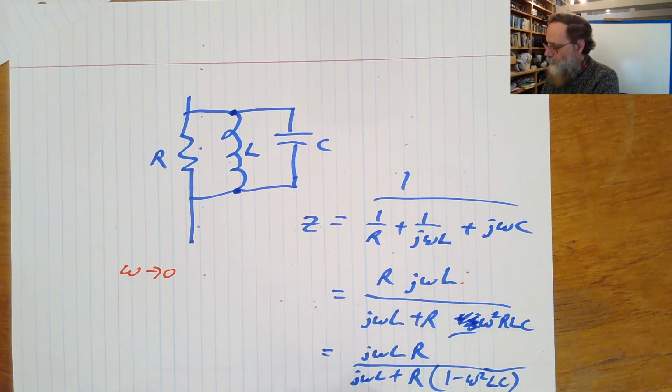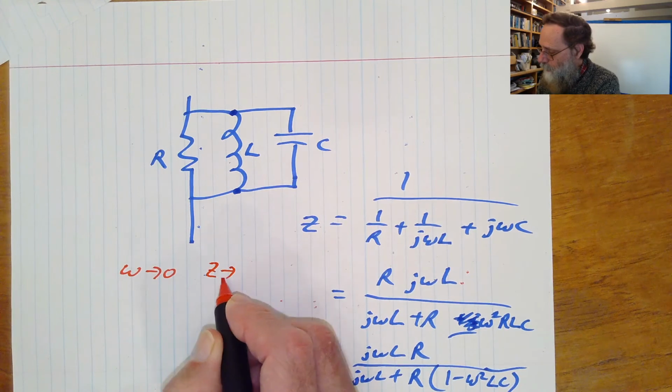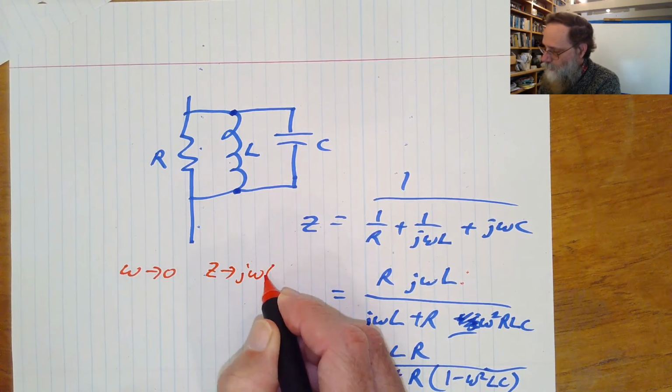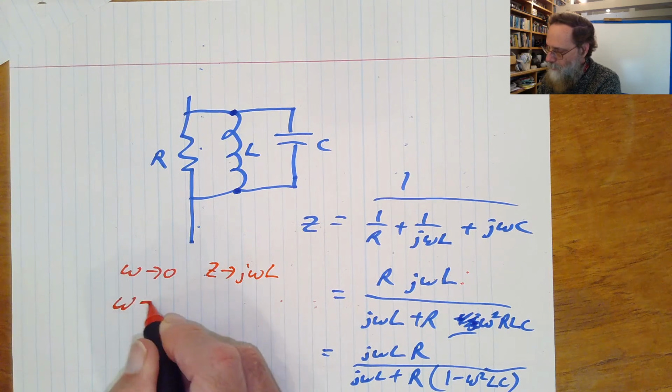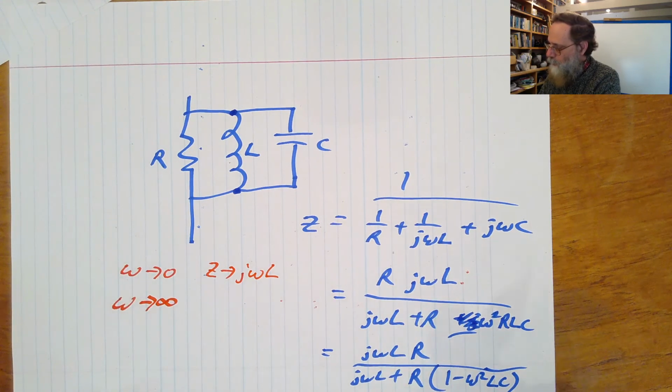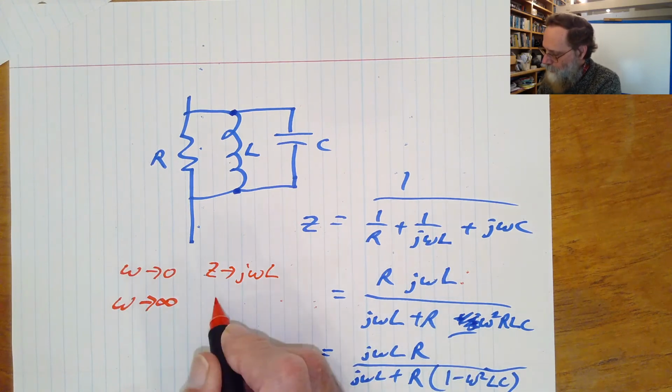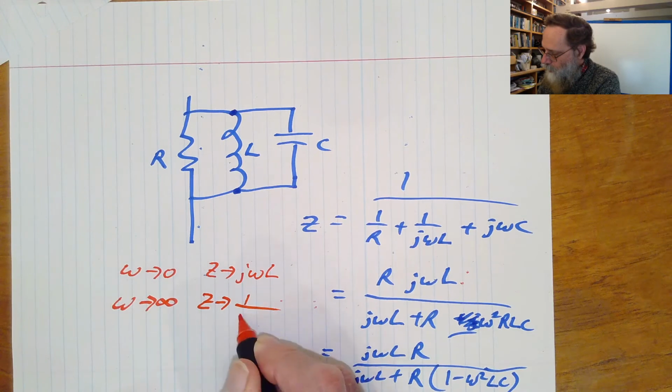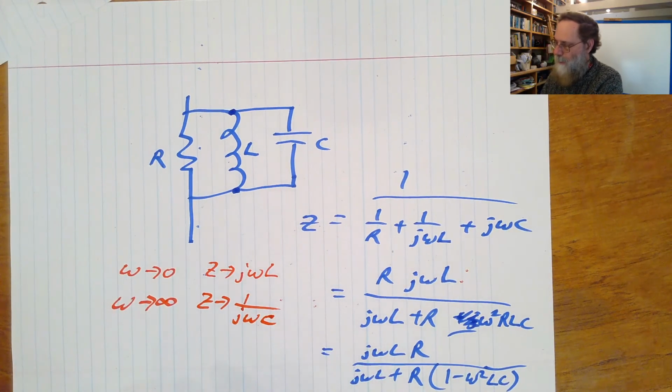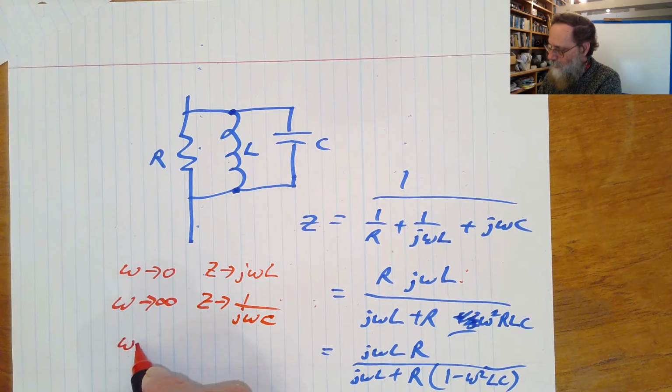The j omega L term here doesn't really matter, and so we end up with j omega L R over R. So Z goes to j omega L. And as omega goes to infinity, the omega squared term is now the important one, and the R's again cancel, and we get j omega L over minus omega squared LC, which is just 1 over j omega C.